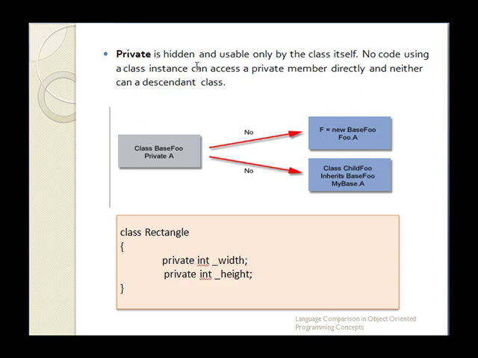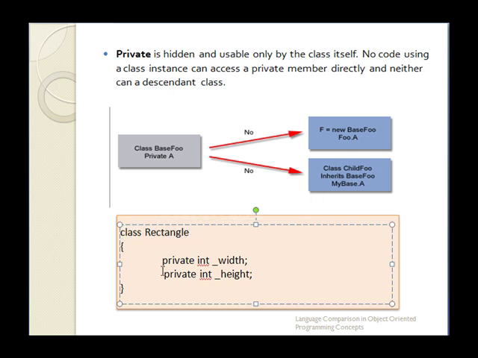Private. Private is hidden and usable only by the class itself. No code using a class instance can access a private member directly, and neither can a descendant class. The example is class Rectangle.